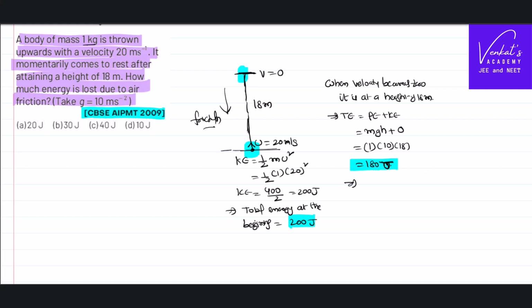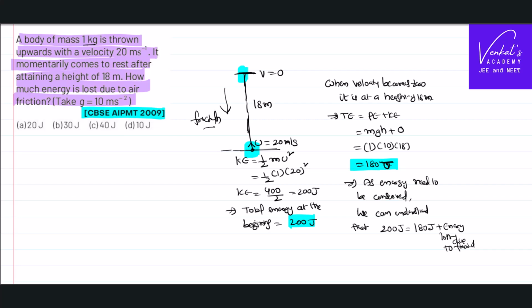It implies as energy needs to be conserved, we can understand that total 200 joules at the initial journey is 180 joules at a height of 18 meters plus energy lost due to friction.